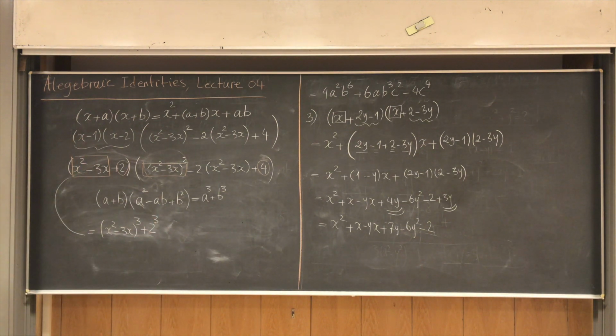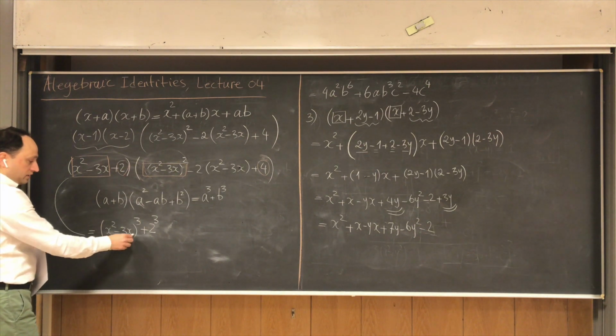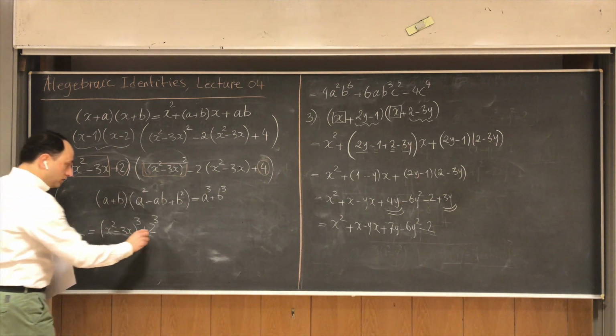Yes. Okay, and then if you remember, we learned some identity for this. I have a binomial, I want to raise it to power 3, yes? So what can I do?